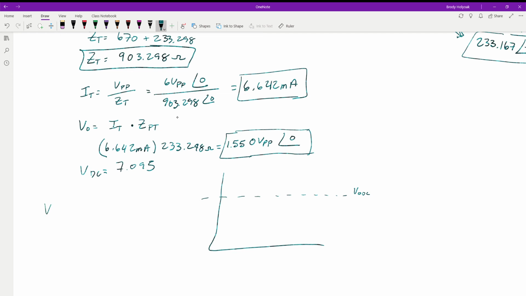So we have our V out max. What's the most it could ever be? Well, it's going to be this voltage DC, which it's riding on, plus our V out peak to peak divided by 2, because we only want the peak value. So the V out max gives us 7.095 plus the 1.55 divided by 2.